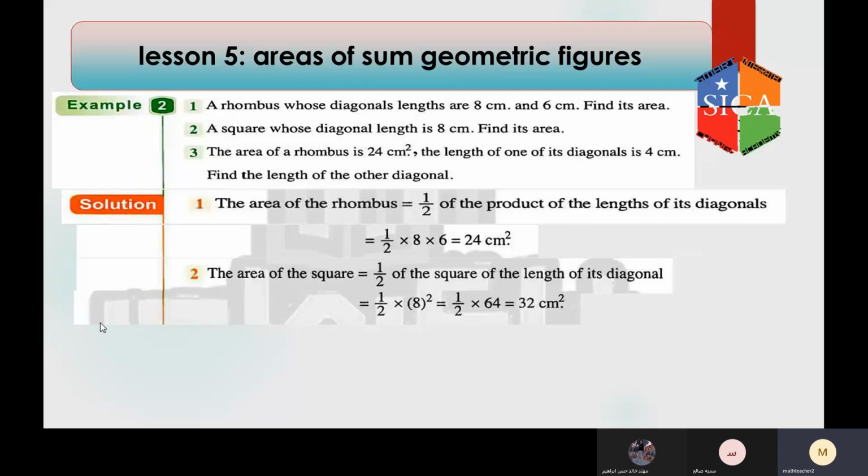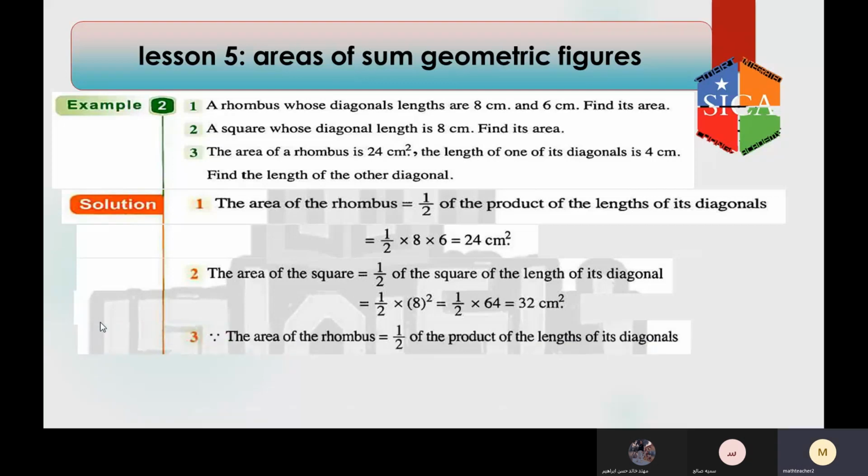And this is the way to get the diagonal. The diagonal in the rhombus equals the area of the rhombus divided by half the other diagonal. Let's see the answer. The area of the rhombus equals half the product of the lengths of its diagonals.